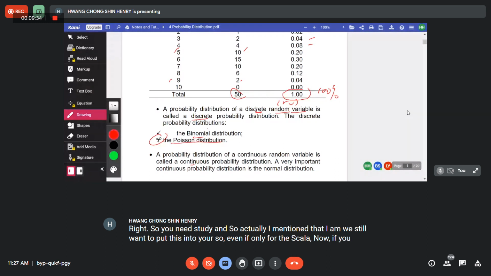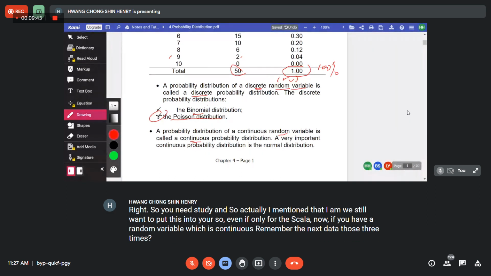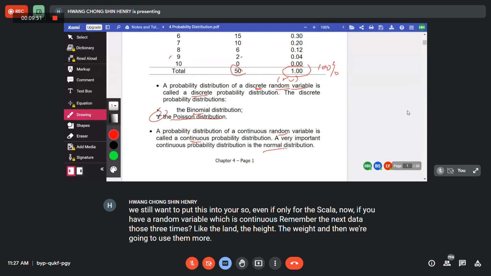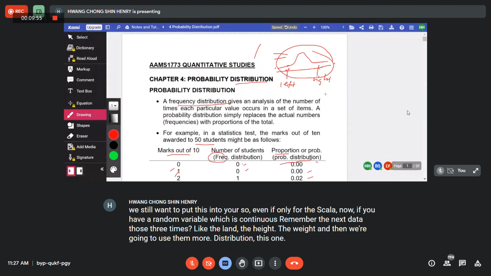Now, if you have a random variable which is continuous, remember, continuous data, those with decimal points, like the length, the height, the weight, all have decimal points. Then we are going to use normal distribution. This one.